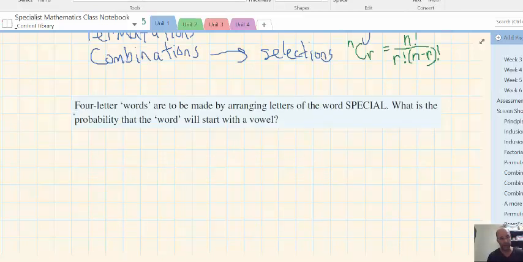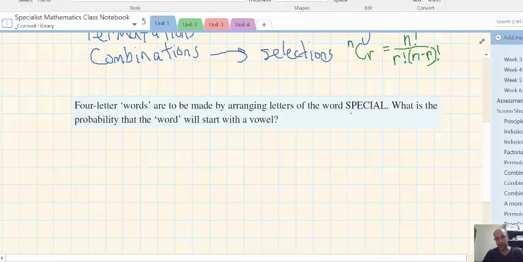So let's look at an example now. We have 4-letter words. We're going to create a 4-letter word, not of the naughty type, I hope. 4-letter words are to be made by arranging the letters from S, P, E, C, I, A, L. So what is the probability that the word will start with a vowel?